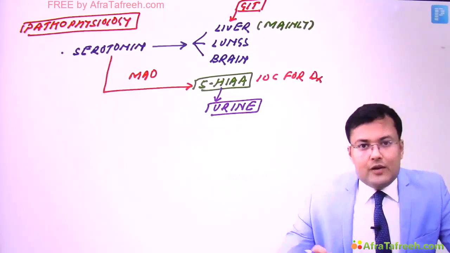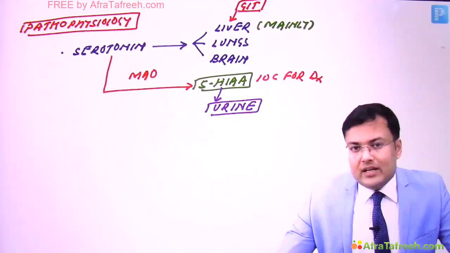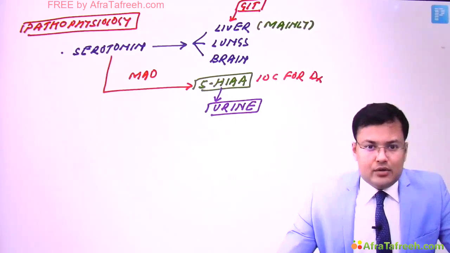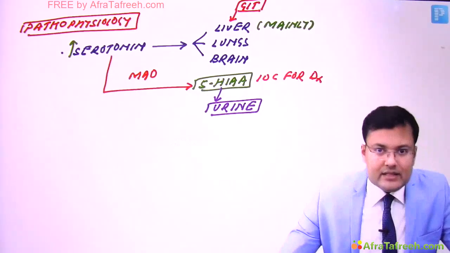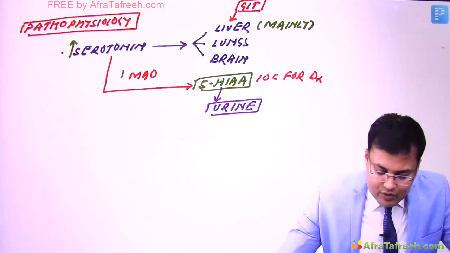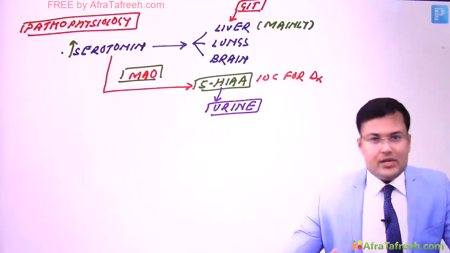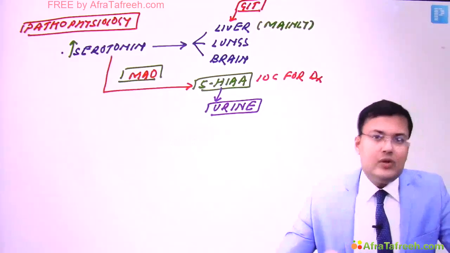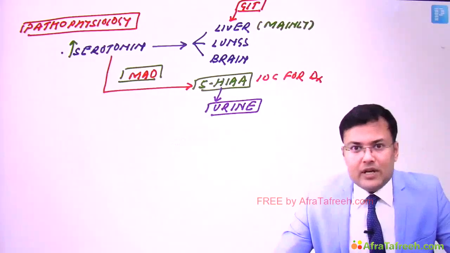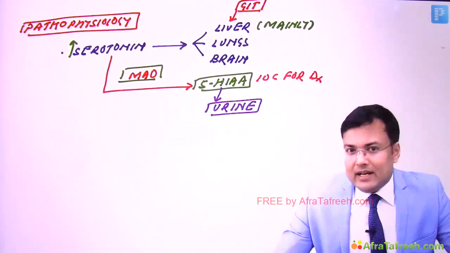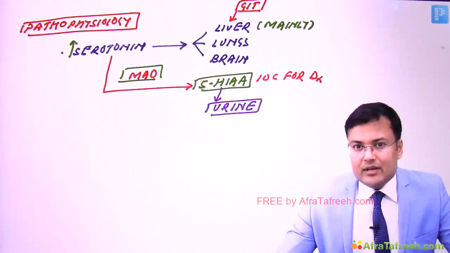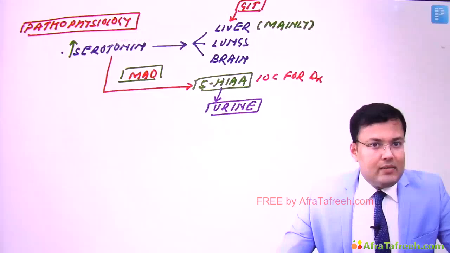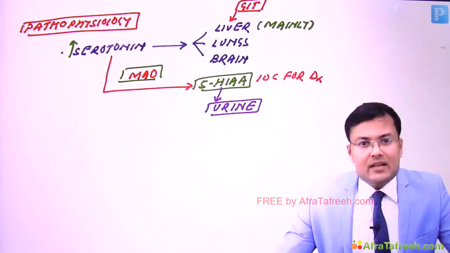Now the problem: in which patients will you see carcinoid syndrome? Whenever the production of serotonin exceeds the metabolic capacity of monoamine oxidase, these patients will have a raised level of serotonin responsible for carcinoid syndrome. Imagine a patient with GI carcinoid where catabolism is occurring in the liver, but the patient has multiple metastases in the liver.